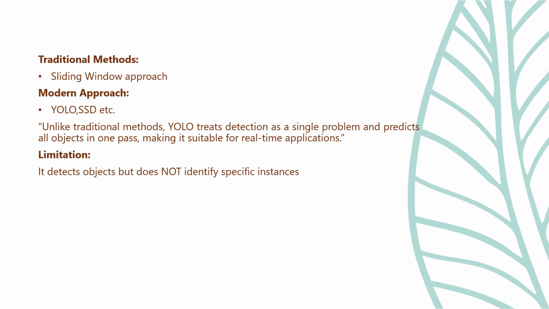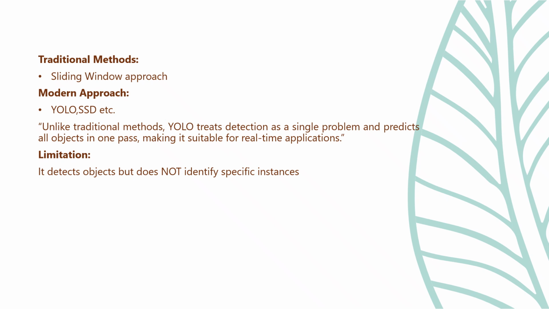If we come to modern approaches such as YOLO and SSD, these solve this problem much more efficiently. YOLO, which stands for You Only Look Once, treats object detection as a single prediction problem.